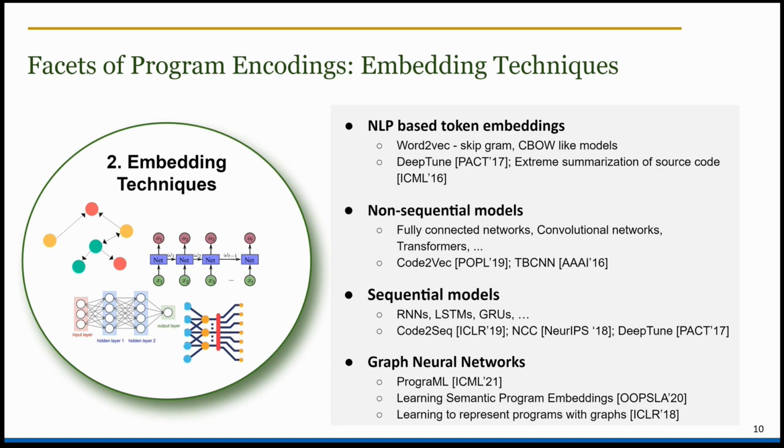And there can be usage of non-sequential models, meaning simpler models like fully connected networks, convolutional neural networks, or transformers for that matter. Or there can be sequential models as well. Say if the program is modeled as a sequence of instructions, then we may need to use sequential models like RNNs, LSTMs, and so on. And if we want to learn representation out of a graph structure like a program dependence graph, the most common approach is to use a graph neural network like GGNN and GCN and so on.